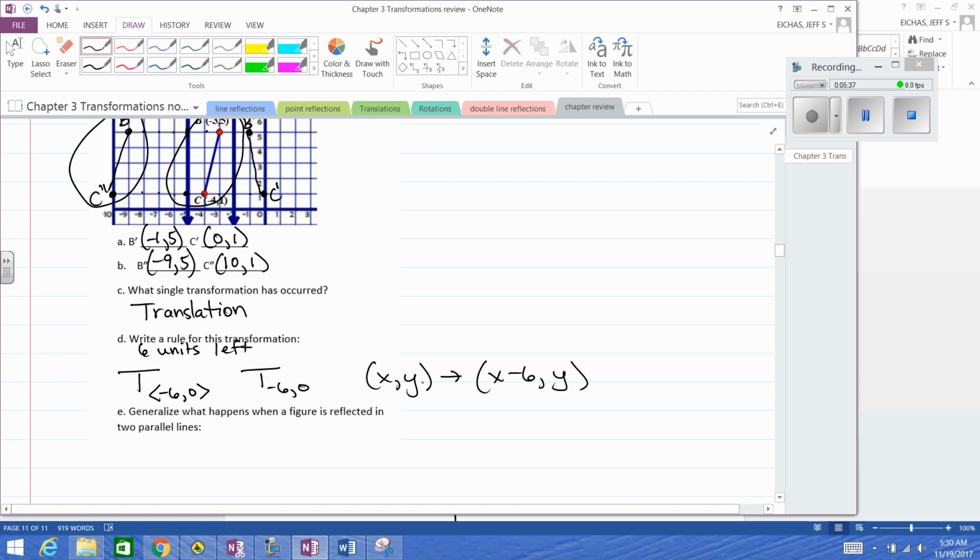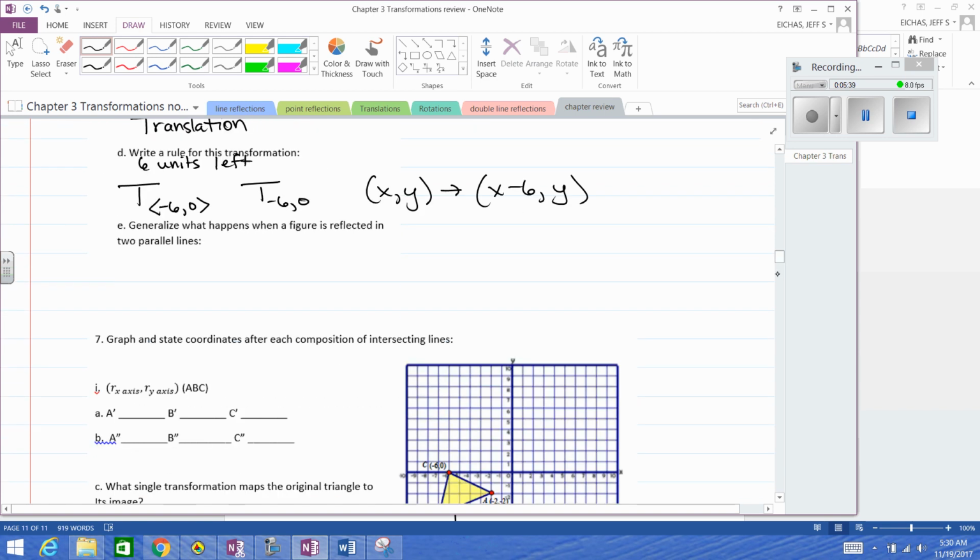Any one of those three is acceptable. All right, generalize what happens when a figure is reflected in two parallel lines. We know it's going to result in a translation whose direction is perpendicular to the parallel lines.